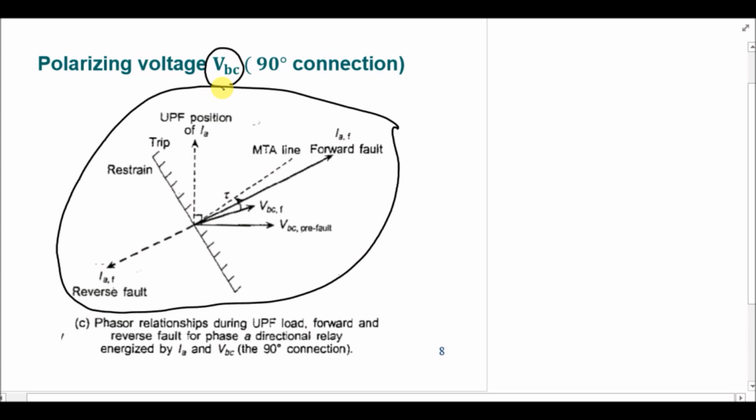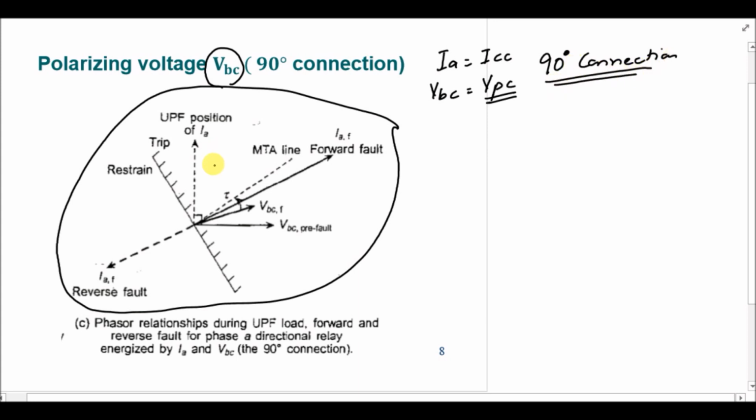And this particular connection, in which IA is equal to ICC and VBC is equal to VPC, the voltage of the potential coil, we call it a 90-degree connection, right? Why do we call it a 90-degree connection?